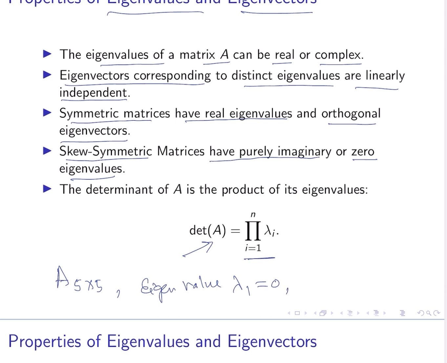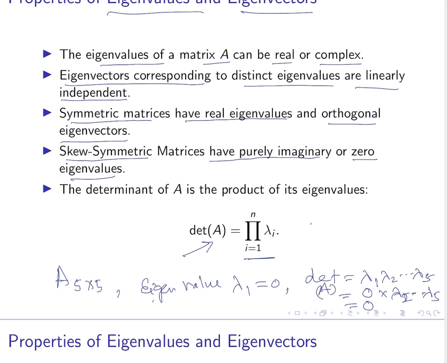The determinant will be lambda 1, lambda 2, and so on up to lambda 5, which means lambda 1 is 0 multiplied by all the others, so it will give you 0. The determinant of A is 0. What does it mean?